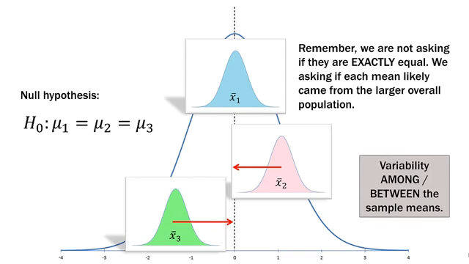So in ANOVA, this is a very specific and important idea. We call this the variability among or between the sample means. Each sample mean is a certain distance from the mean of the overall population in the background, and we know that that is an expression of variance, the distance of the sample mean from the overall mean in the back.